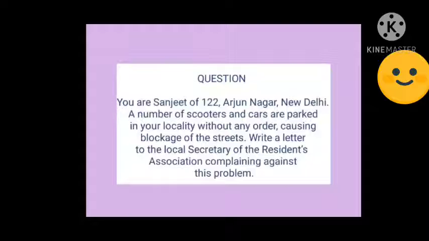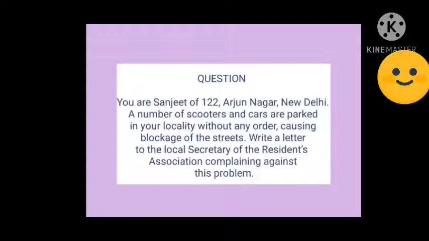A number of scooters and cars are parked in your locality without any order, that means irregularly, causing blockage of the streets. Write a letter to the local secretary of the Residents Association complaining against this problem. So this is the information or the instruction being given as the question about which you are going to draft a complaint letter.